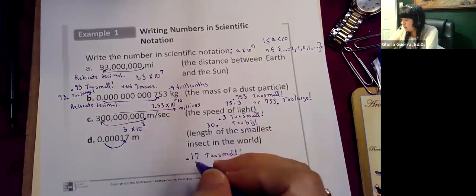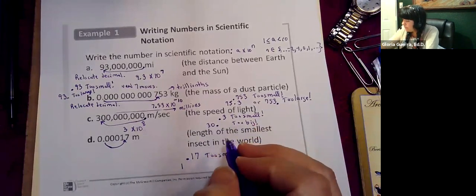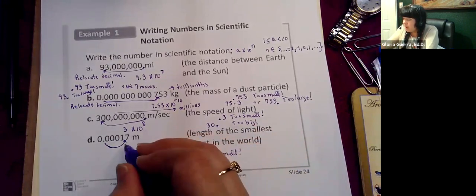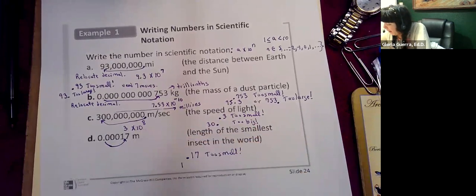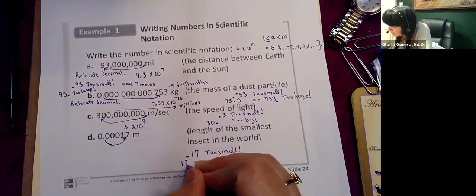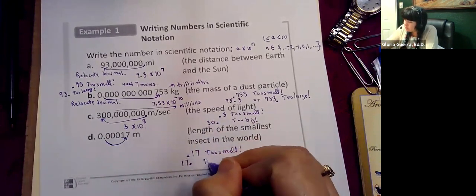And if you put the decimal point behind the 7, the problem with this is it's too large.